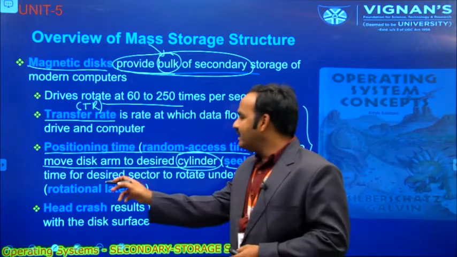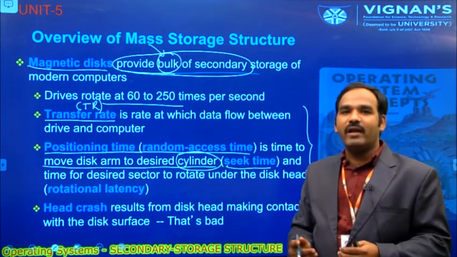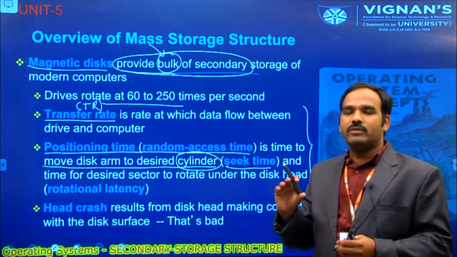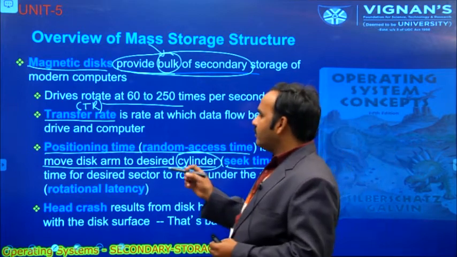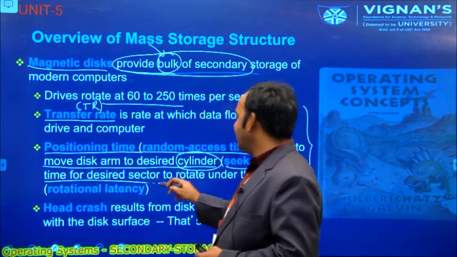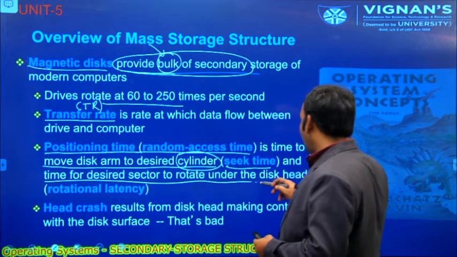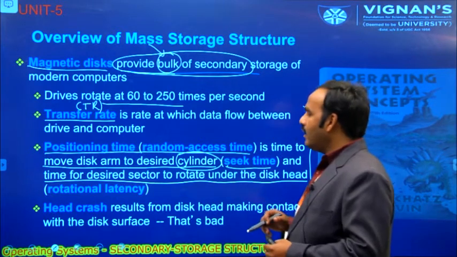And then there is the time for a desired sector: the time required to bring the head to a particular sector, that is, for the sector to rotate under the disk head.